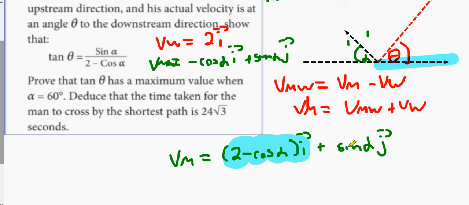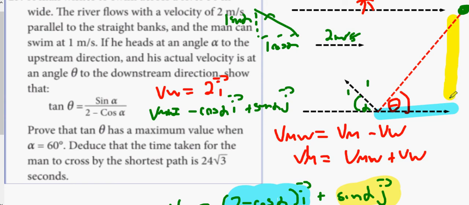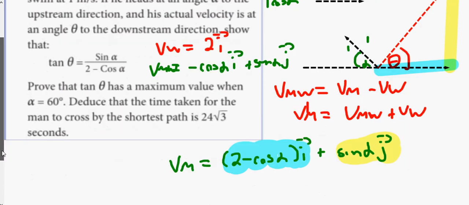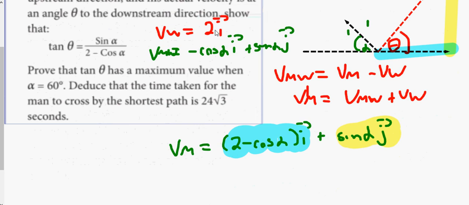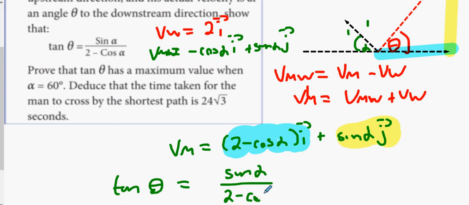If we talk about the j value here, that's the opposite value of how you're getting drifted downstream. So tan theta is the yellow one divided by the blue one. So therefore tan theta is equal to sin alpha divided by 2 minus cos alpha. Is that okay with you guys?